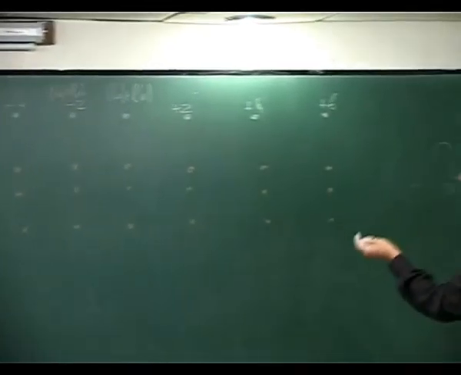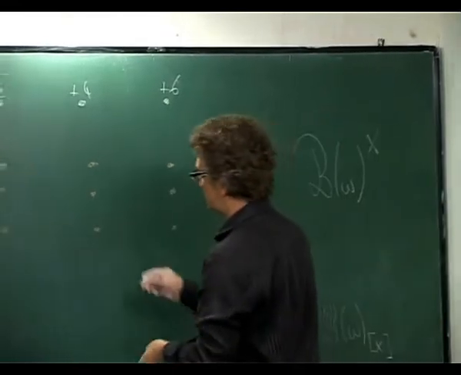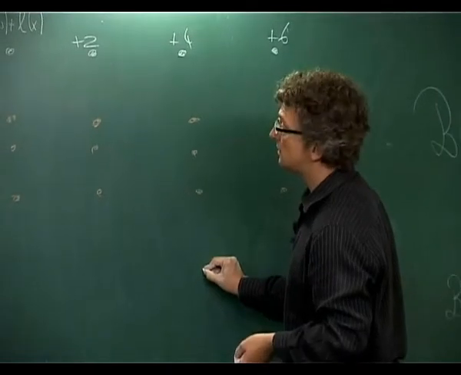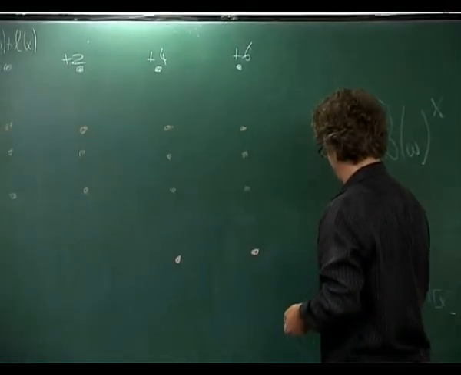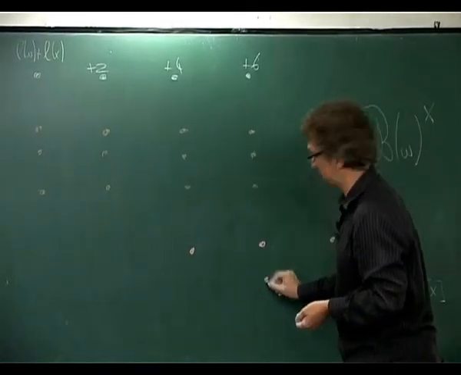Let me delete these uppermost elements. So the submodule will be generated in degree plus 4. And then you will have 2 generators in degree plus 6.